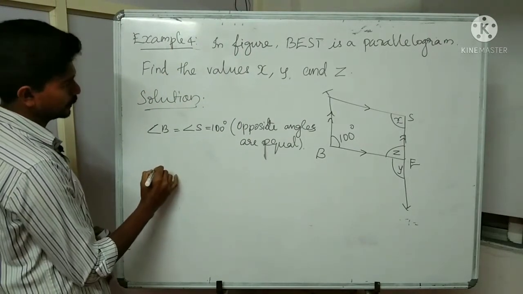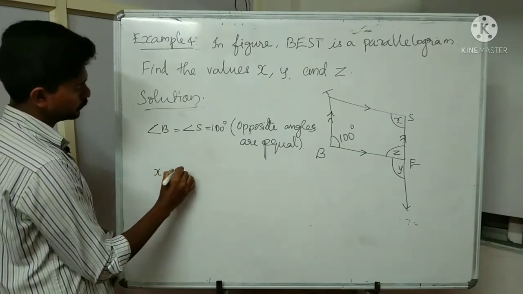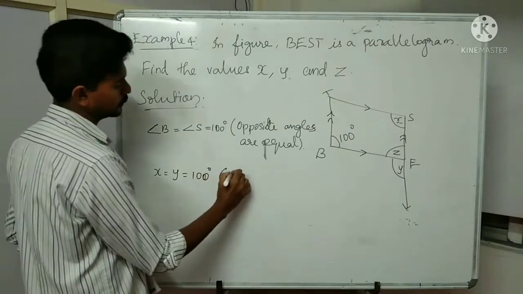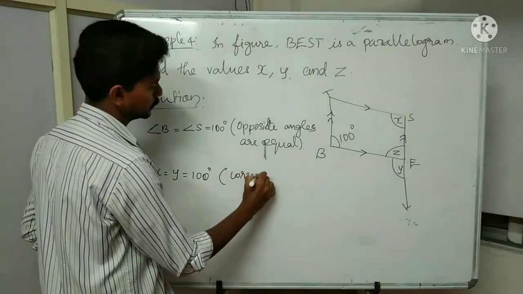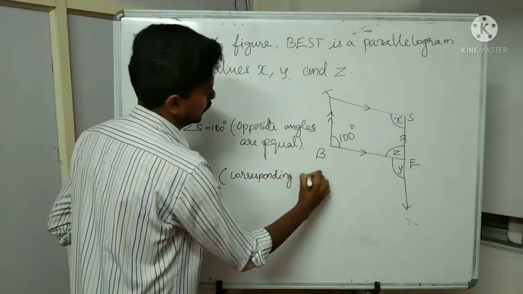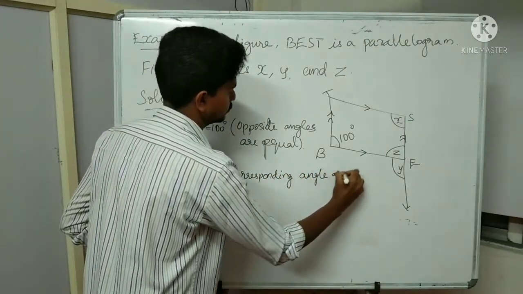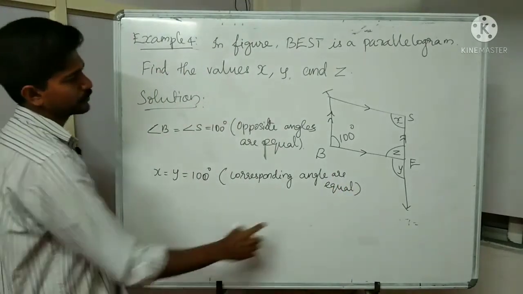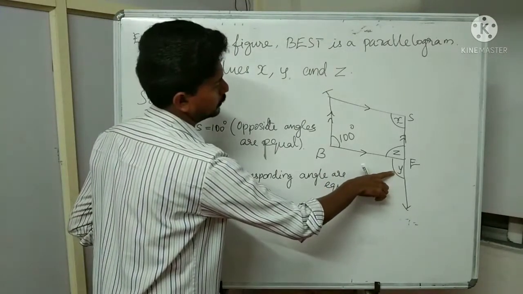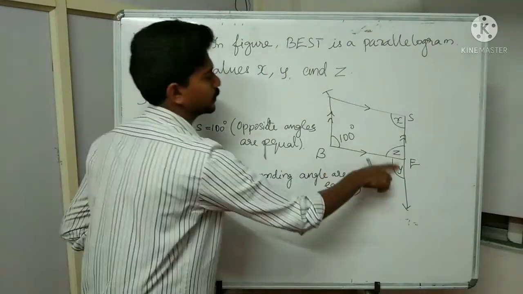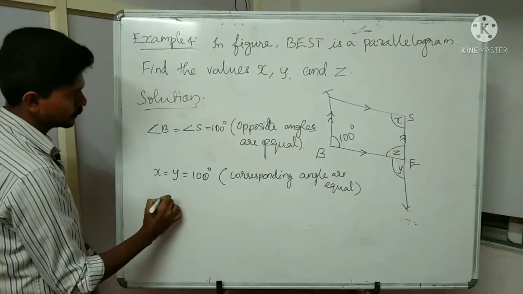So here we can say that X is equal to Y, which is equal to 100, because corresponding angles are equal. So we can say that angle Y plus Z is equal to 180 degrees because these two are a linear pair.